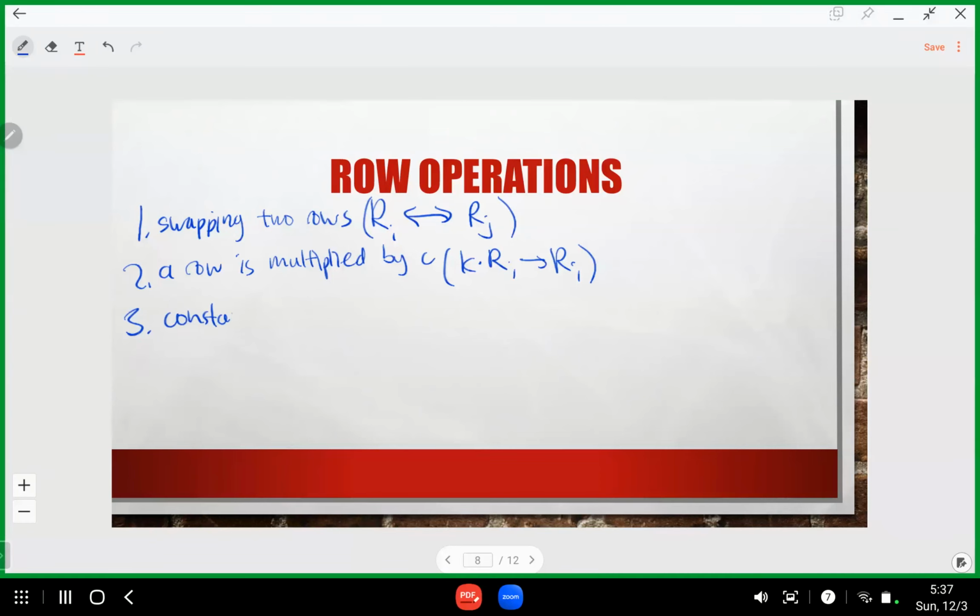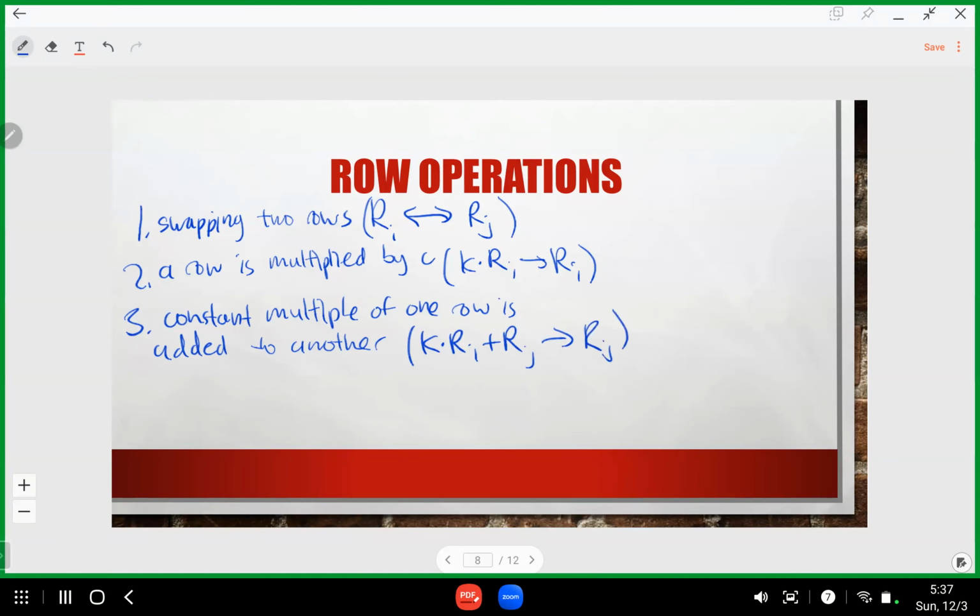So constant multiple of one row is added to another, right? And that's just going to be like k times Ri plus Rj is equal to Rj. So basically, Ri multiplied by the constant k was added to the row j. All right, makes sense, right?